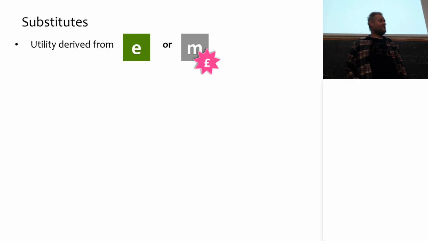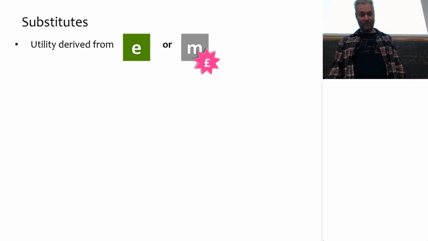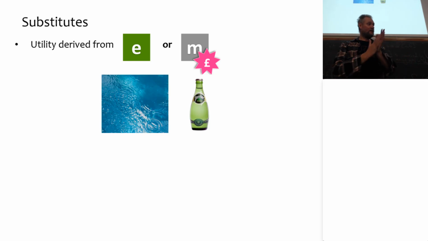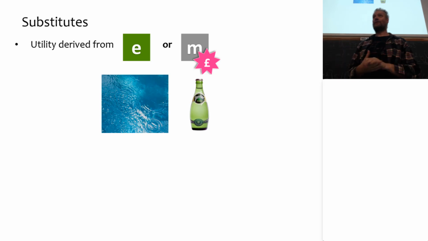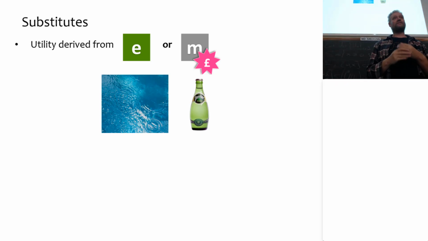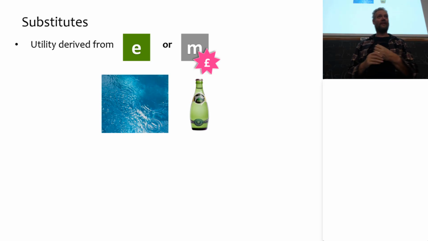the environment and whatever market you're looking at may be substitutes. So you may derive utility either directly from the environment or from something that is bought and sold on the market. And one example may be bottled water. This is something you don't get for free, versus water that you just scoop out of a stream and drink, right, which comes for free.